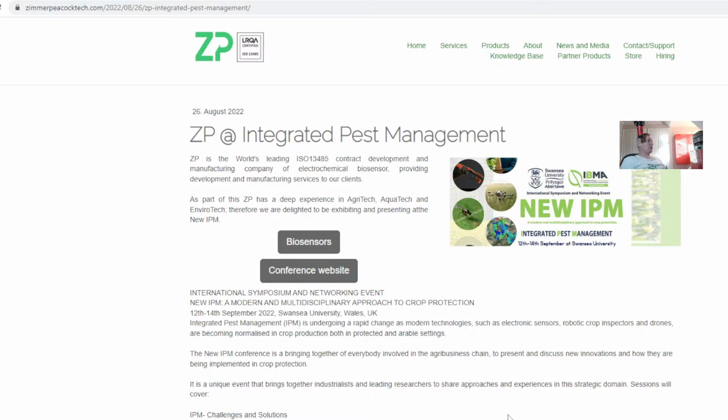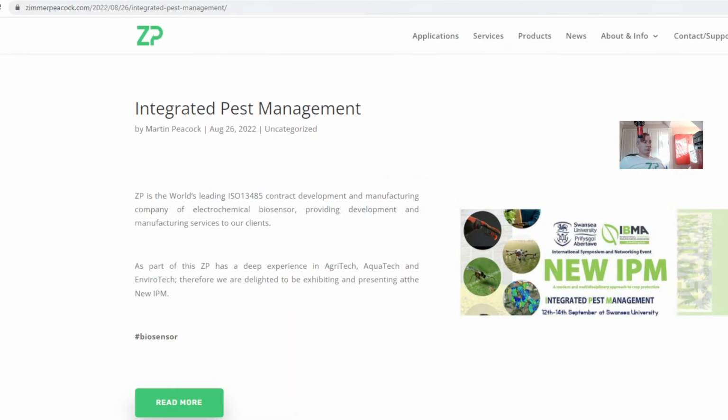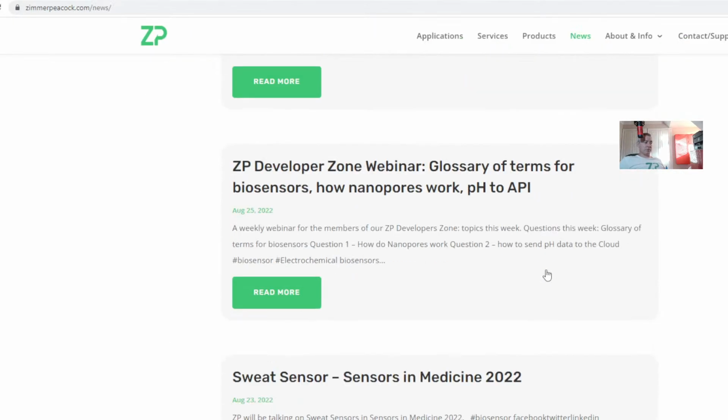The most classic one would be locusts in parts of Africa, where they eat the crop. So pest management is important, and Zimmer and Peacock will be attending the IPM at Swansea University on the 12th to the 14th of September, wearing our biosensor hat, of course.